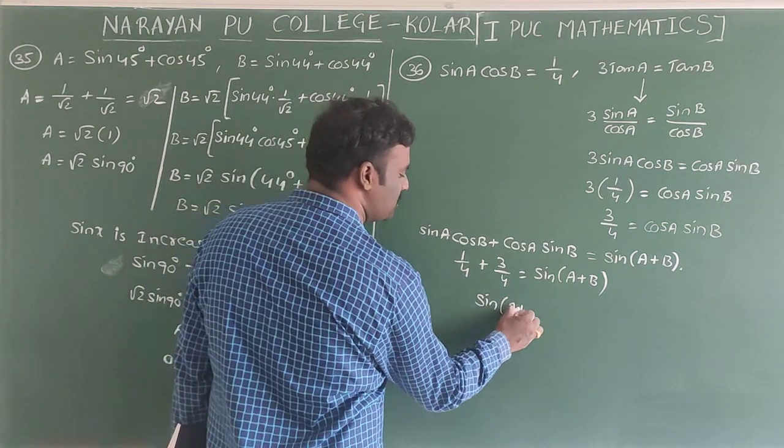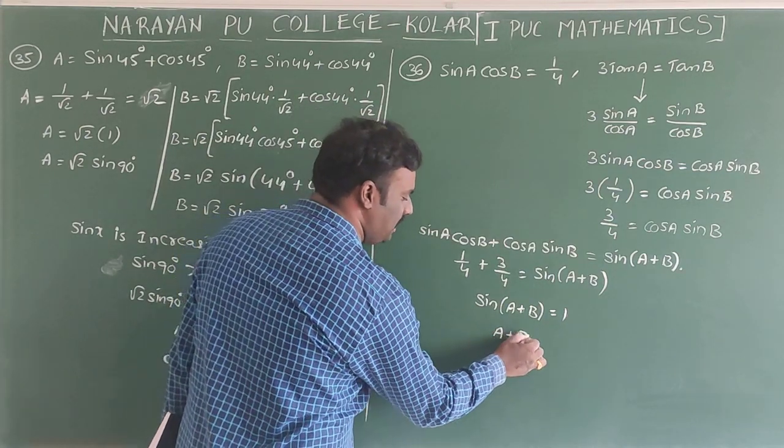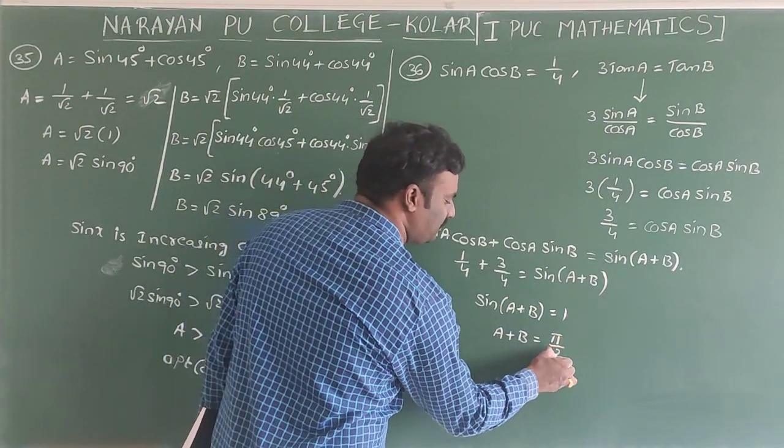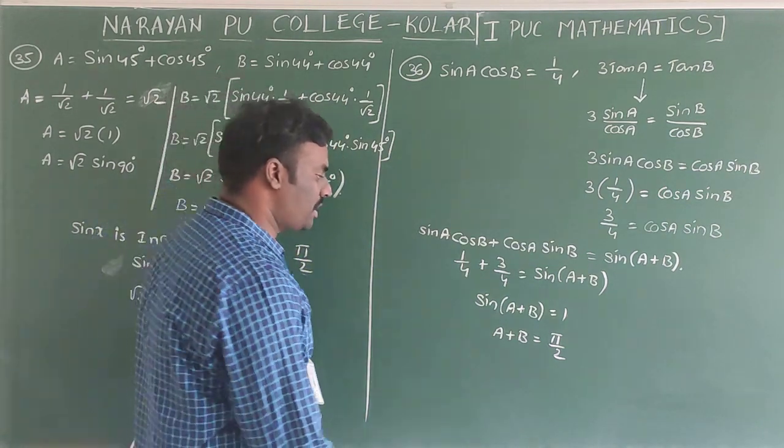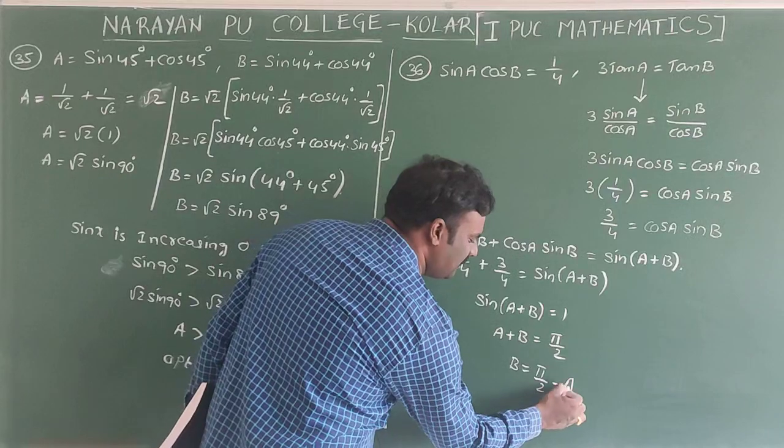Then sin (A plus B) equals 1. You will get A plus B equal to 90. So from this I can write B is equal to 90 minus A.